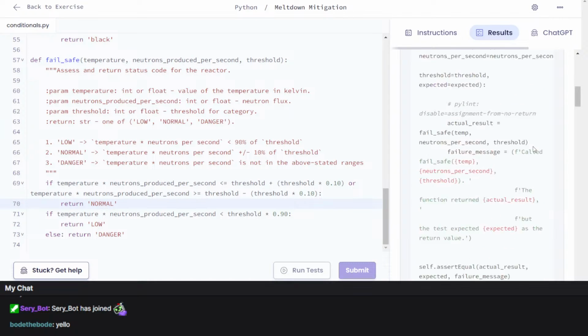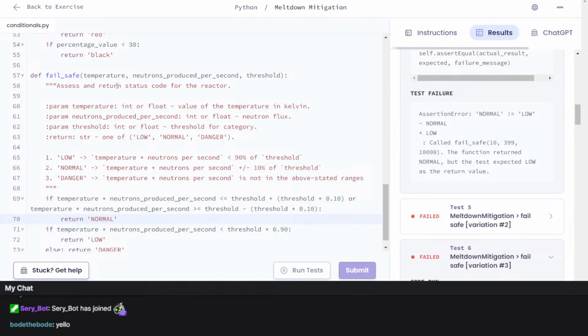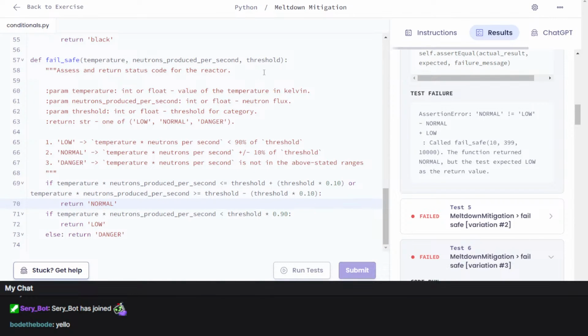Okay, so 10 temperature, neutrons produced per second. And the threshold is 10,000. So I multiply 10 times 3,999. Wait, I don't have to use a calculator for that.